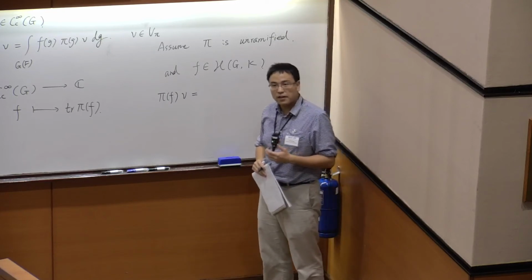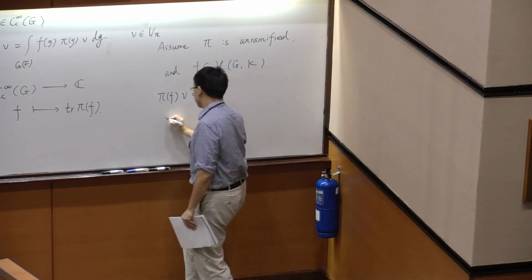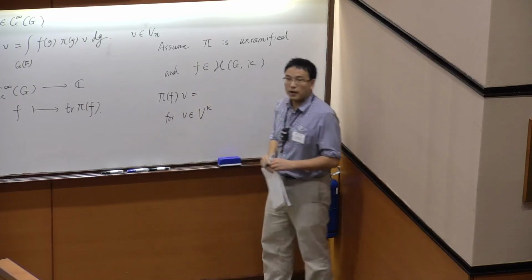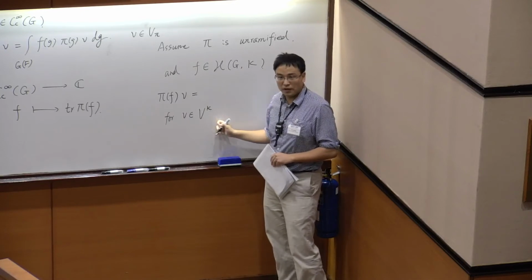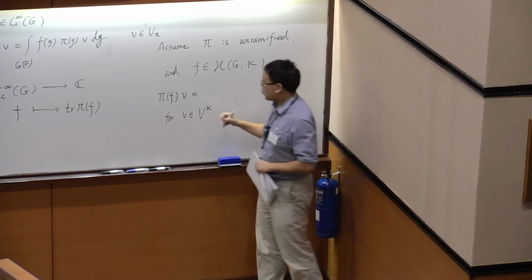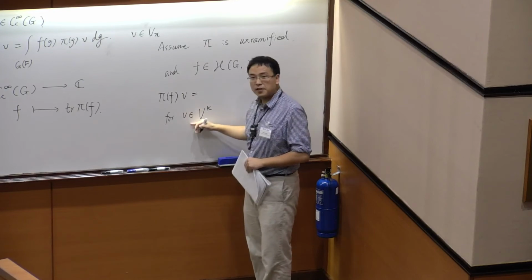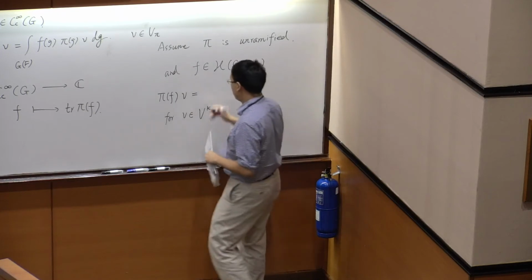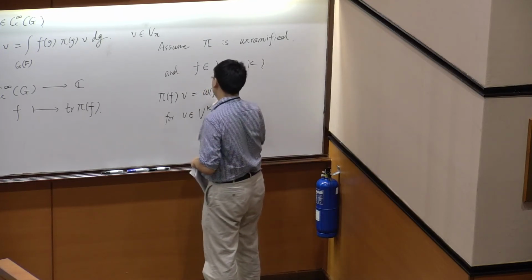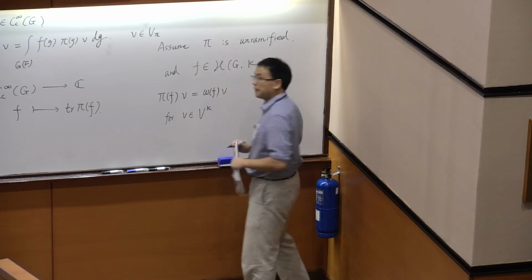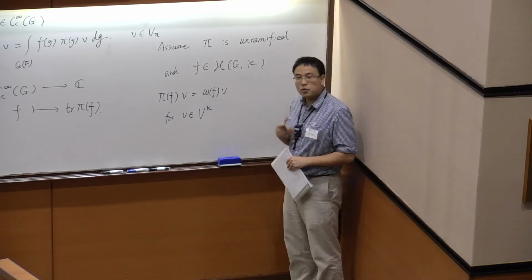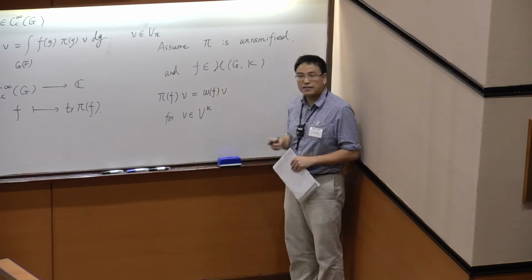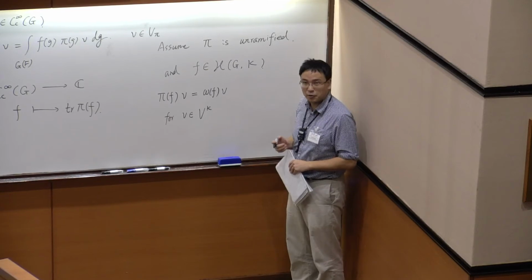So if we take v to be K-fixed, for example the spherical vector, we know this space is going to be of dimension 1. This is an unramified representation. If we pick up the v here, this v is going to be exactly an eigenvector in this case. So we're going to have an eigenvalue, omega of f, times v. And now you can run over the choices of f, and omega gives us an algebra homomorphism for the Hecke algebra.